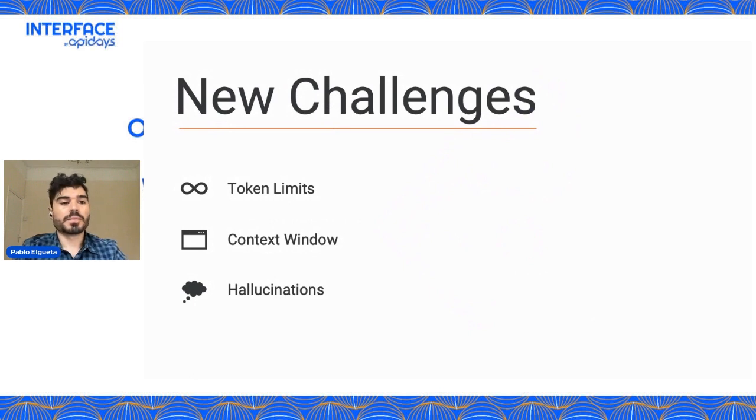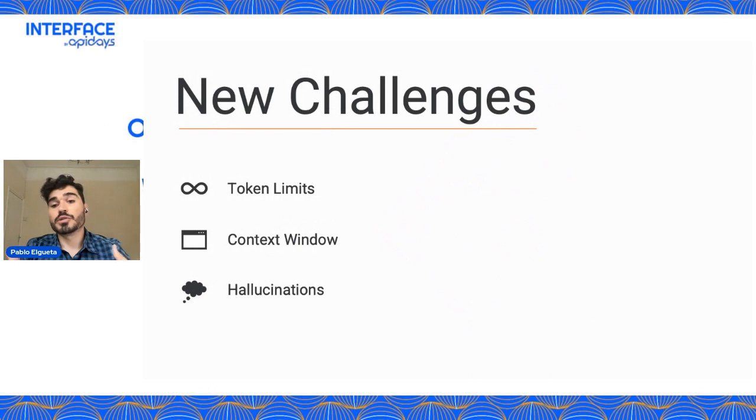Finally, we see that there are new challenges in the field of LLMs. As with every new technology, they come with new challenges. In this case, for example, we have token limits. So LLMs are still being constrained by technical capacity, like cloud computing, like video cards. So they have limitations on the amount of tokens that they can process per minute.